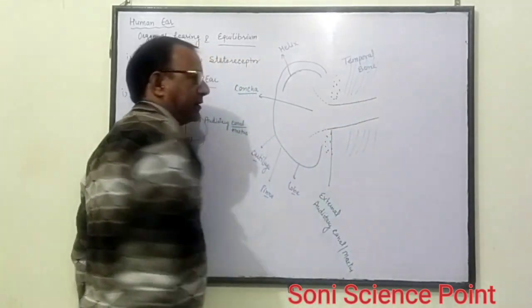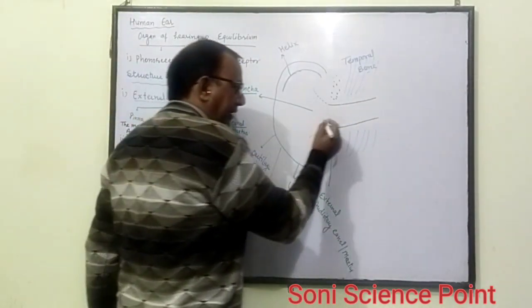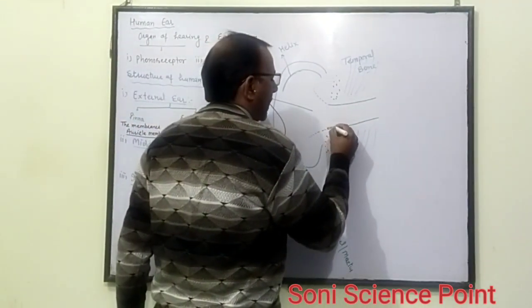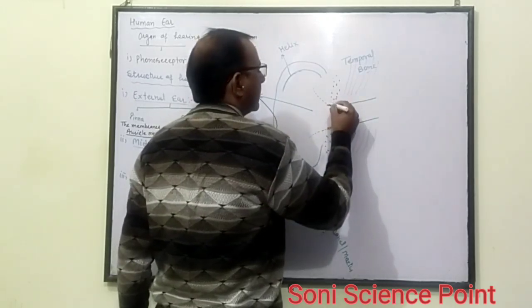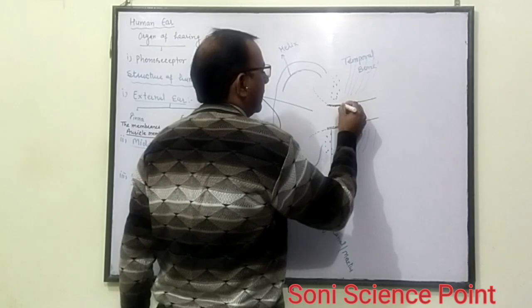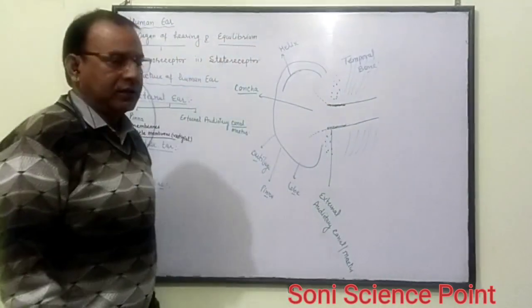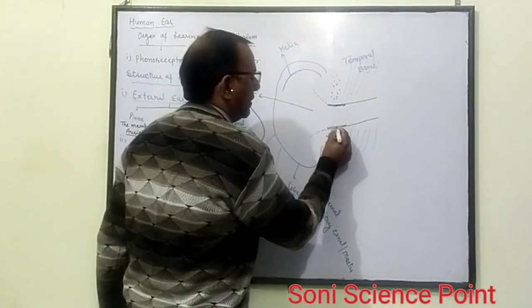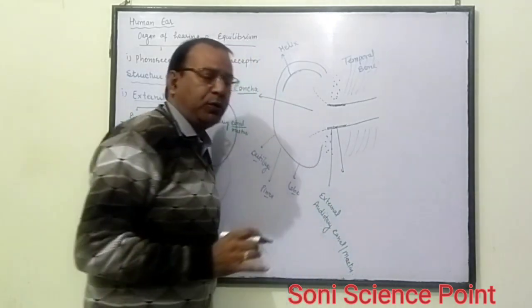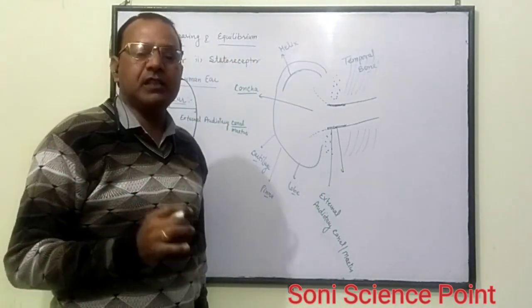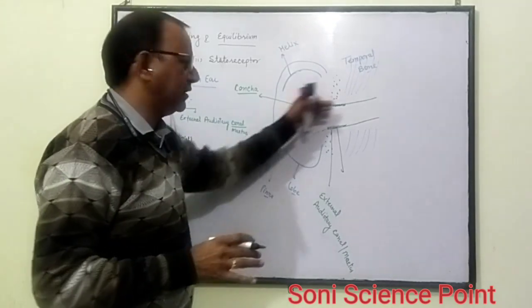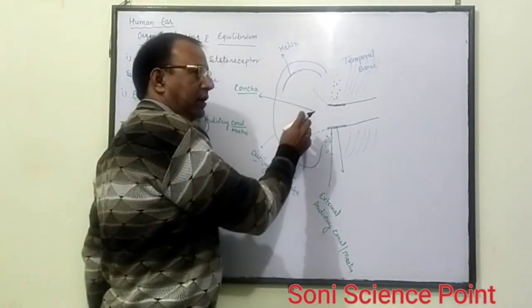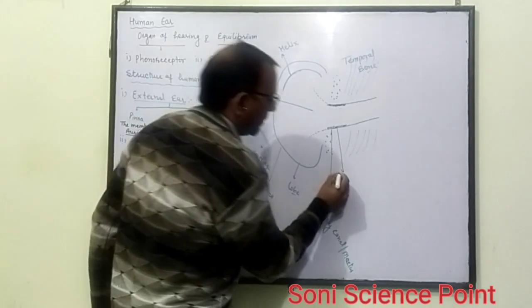In the auditory canal, on the anterior side, there are some hair-like structures. These hairs help to filter dust particles, trapping the dust that enters with the sound waves.